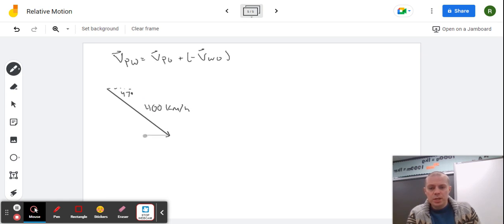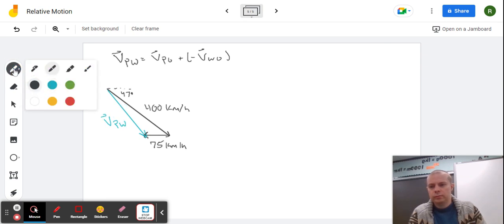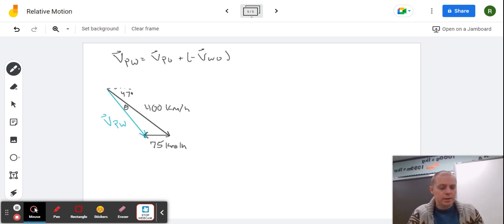And our wind speed, right, is 75 kilometers per hour west, because we're doing the negative of the vector. So the vector that we are trying to find is the sum of these two vectors. Okay. So we have to add this vector and this vector.